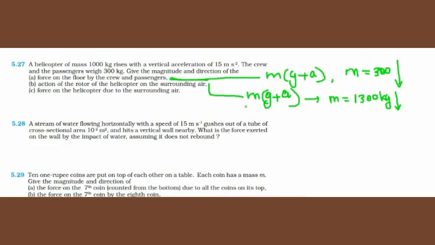So when this much force is applied over the air, it gives an equal and opposite force, third law. So how much is it? Same as that of m into g plus a. The only difference is that the force will be acting upwards on the helicopter. So that's the answer to 27.